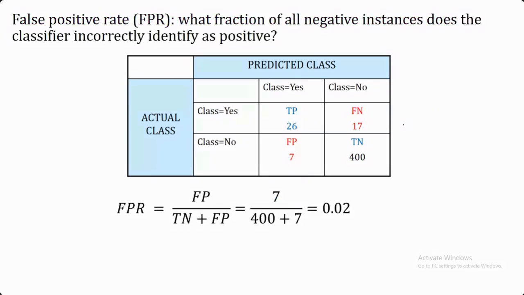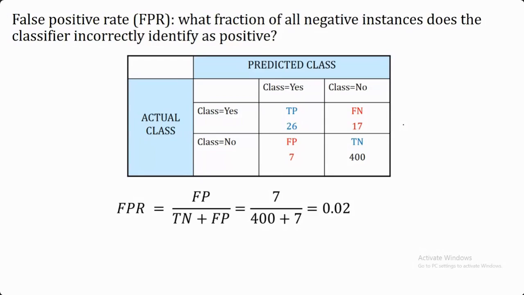Okay. Next one is your false positive rate. In case of precision and recall, in both cases we were considering the positive classes, and the false positive rate is working with respect to negative classes.